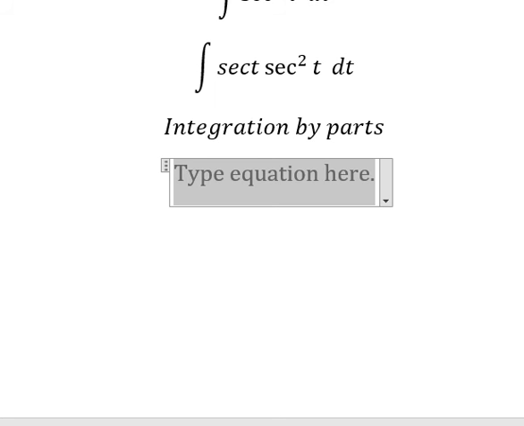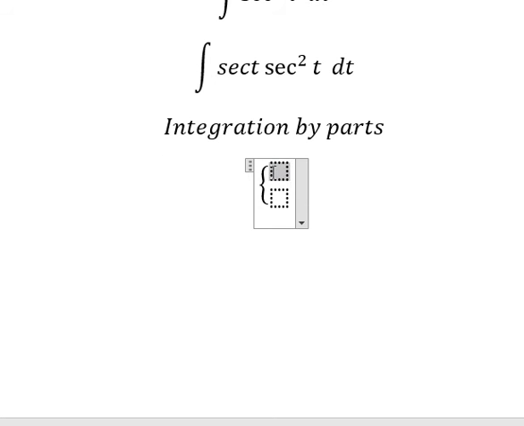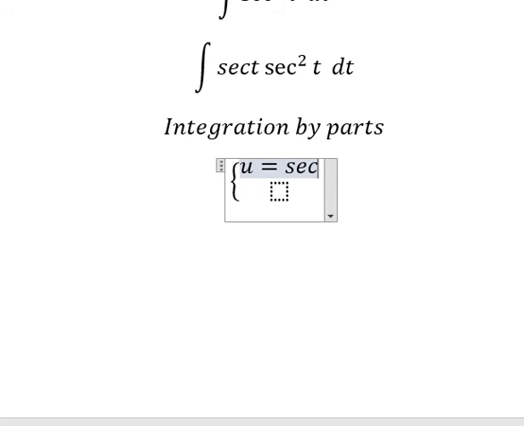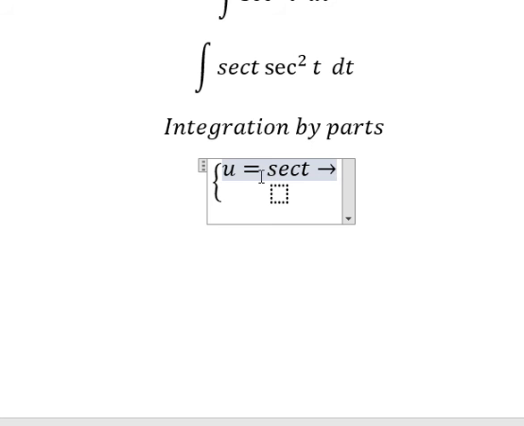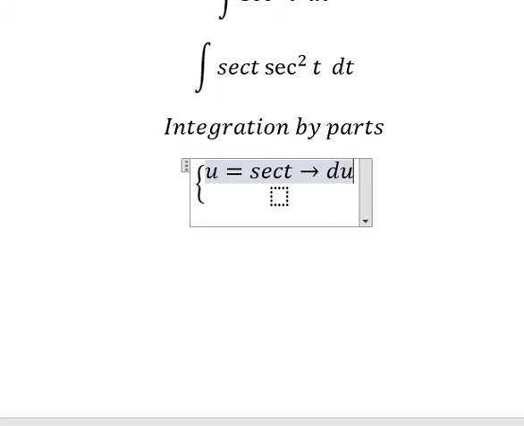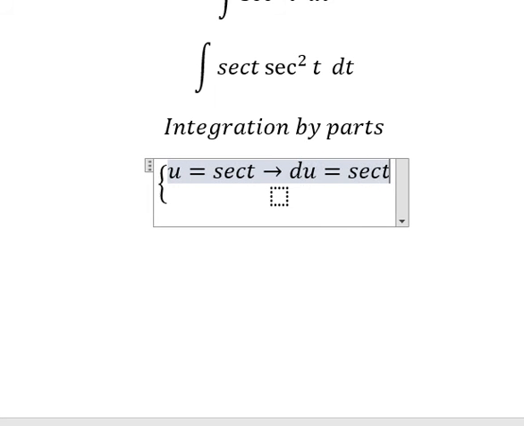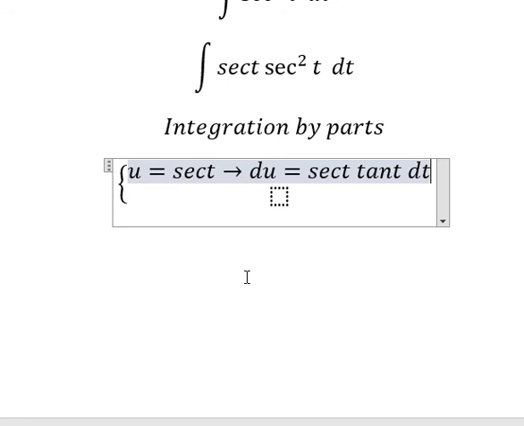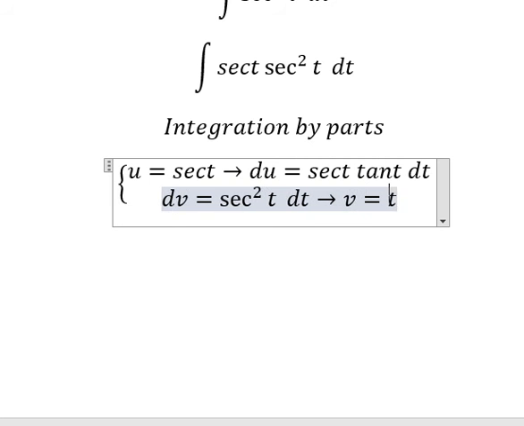So I will put u equals secant t. If I take the derivative of both sides, you get du equals secant t tan t dt. dv is secant squared t dt. The integration of this one gives v equals tan t.